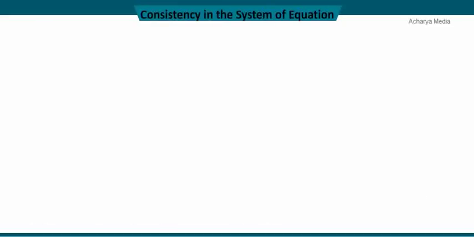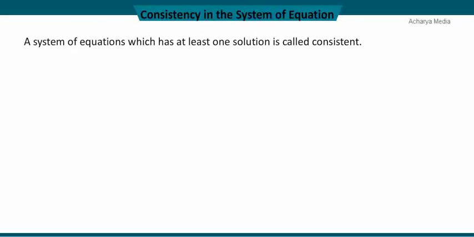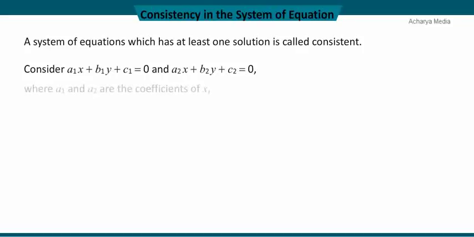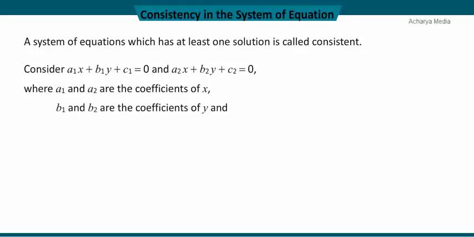Consistency in system of equations. A system of equations which has at least one solution is called consistent. Consider a1x plus b1y plus c1 is equal to 0 and a2x plus b2y plus c2 is equal to 0, where a1 and a2 are the coefficients of x, b1 and b2 are the coefficients of y, and c1 and c2 are the constants.